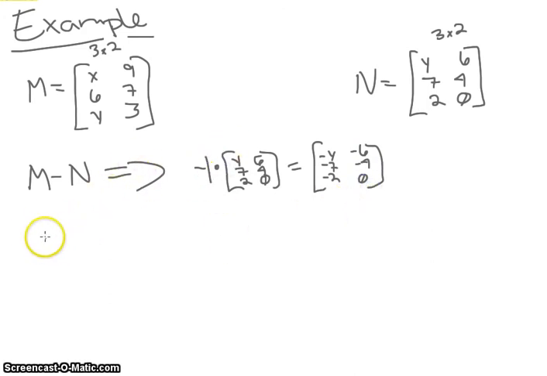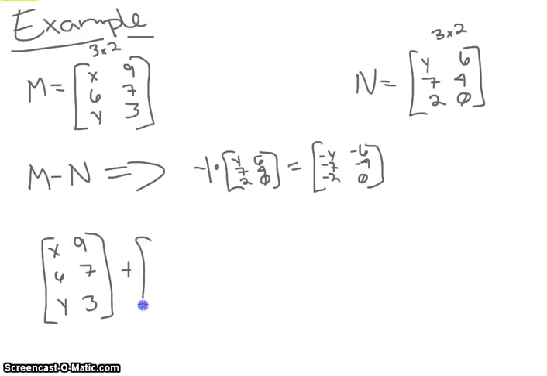So we now have X, 6, Y, 9, 7, 3, plus this -Y, -7, -2, -6, -4, and then 0.